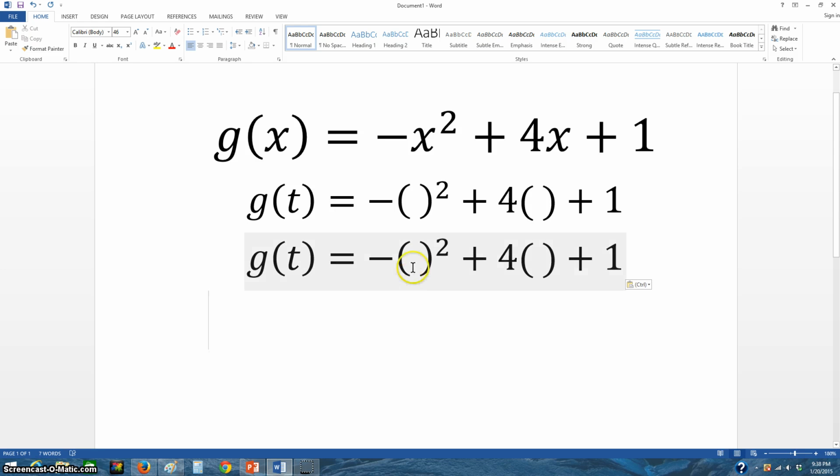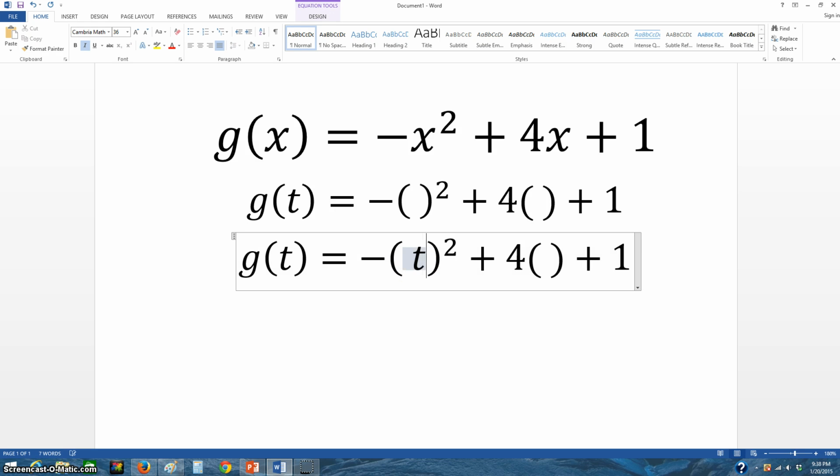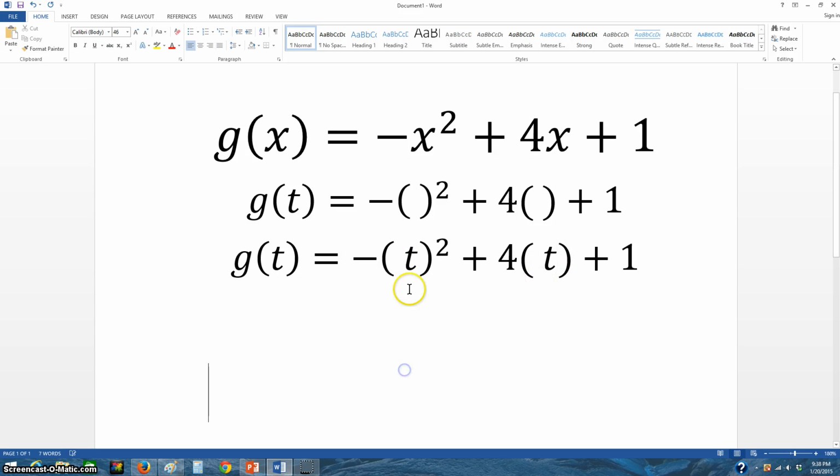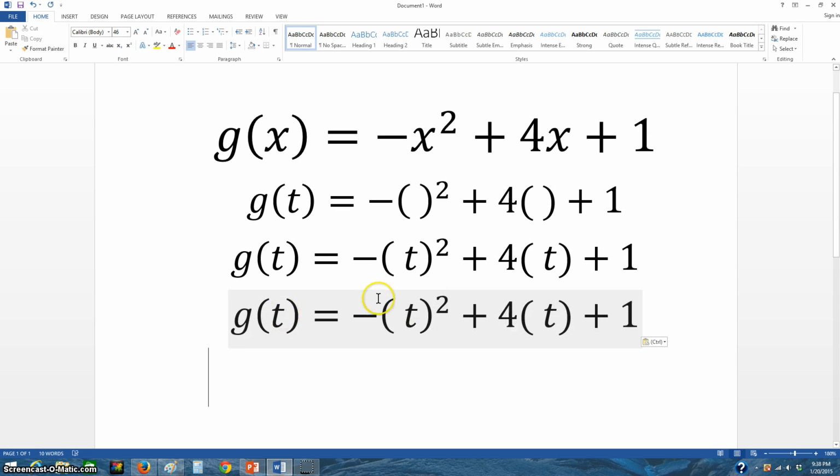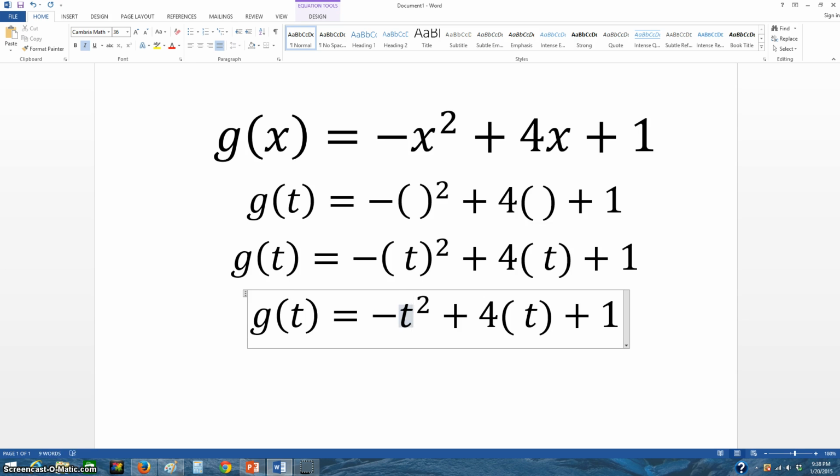So I place a t here, I see another space here, so I'm going to place it there. Then all I have to do is the last step, which is to clean it up. Remember, t, which in this case is positive, raised to the second power is t squared. So a positive t squared times a negative is really a negative t squared.